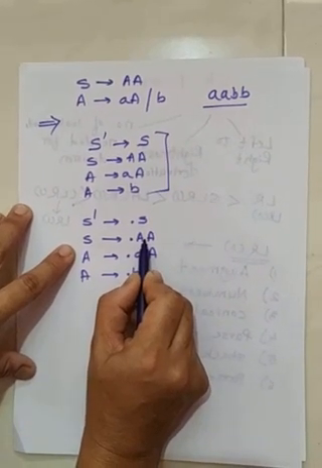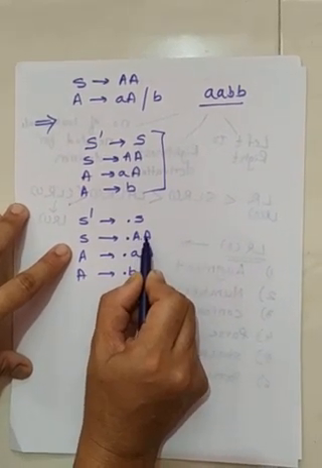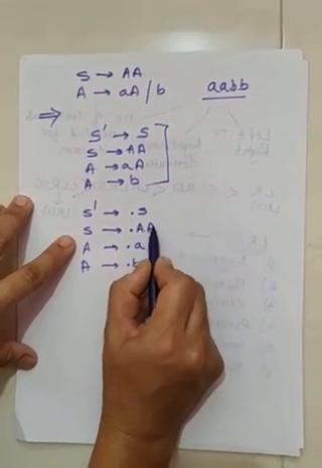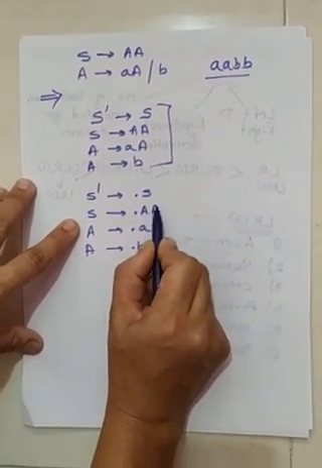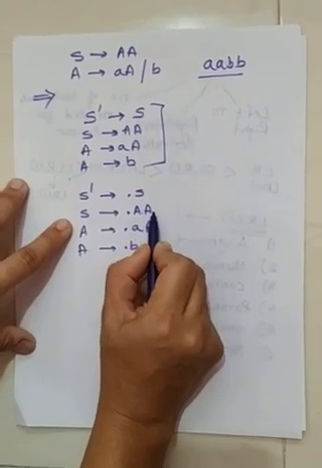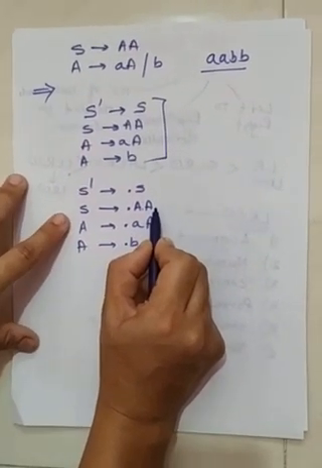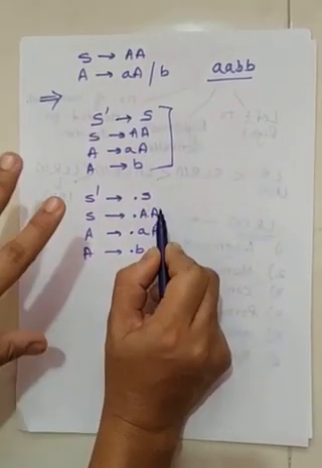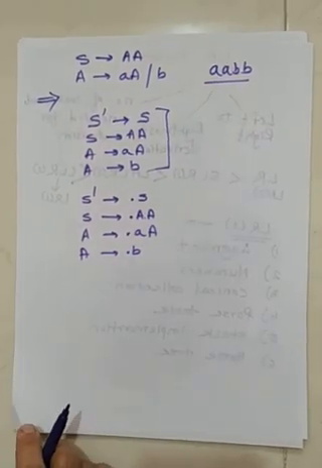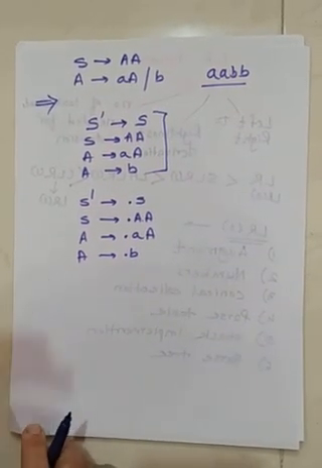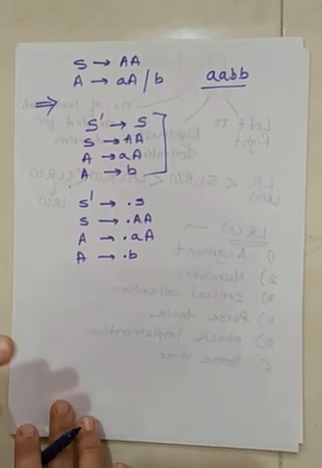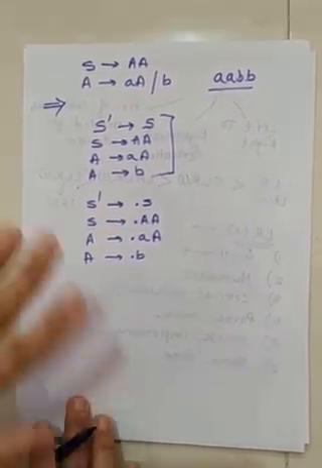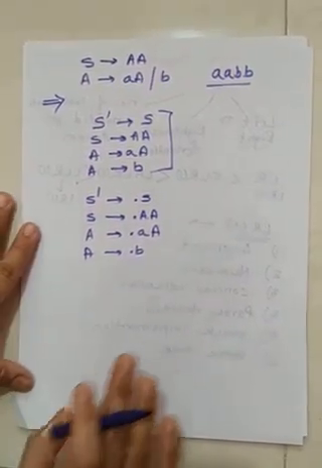So now S is producing A dot A. After that again I parse the non-terminal A, and the dot will get shifted to the end position. That means S is producing AA dot. And if the dot is at the end of the production, it means it is a completely reduced state, the complete final state of the production.